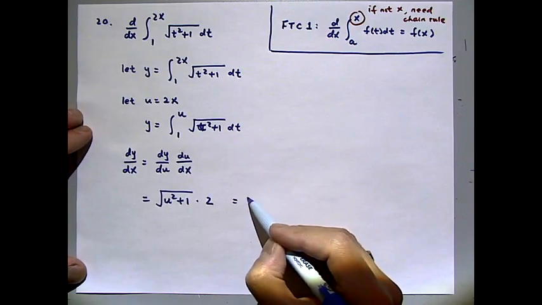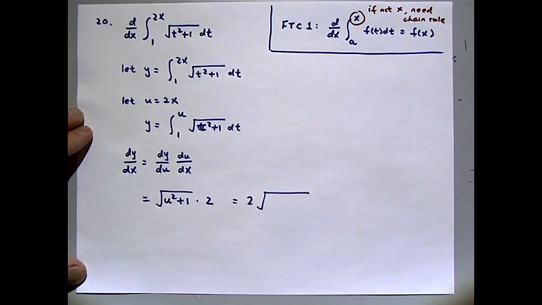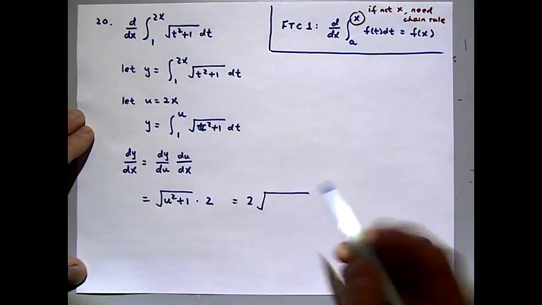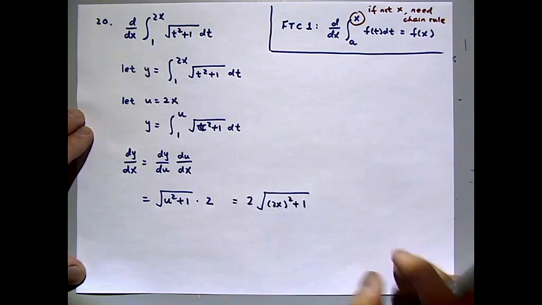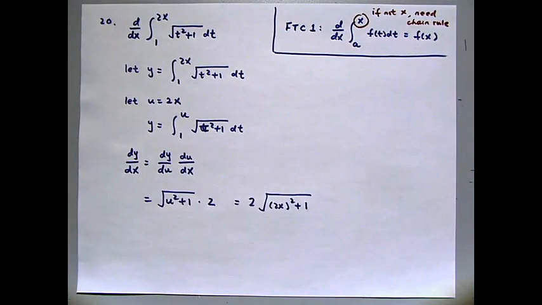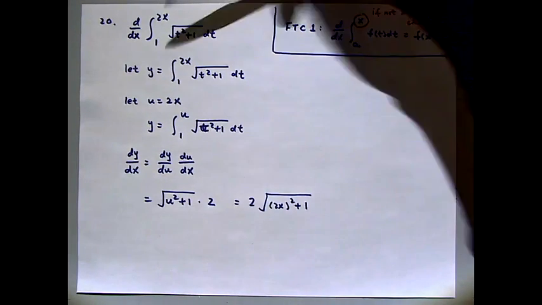And finally, we get 2 times radical of u squared plus 1, but what's u? U is 2x. All right, so that's the derivative of that integral from 1 to 2x.